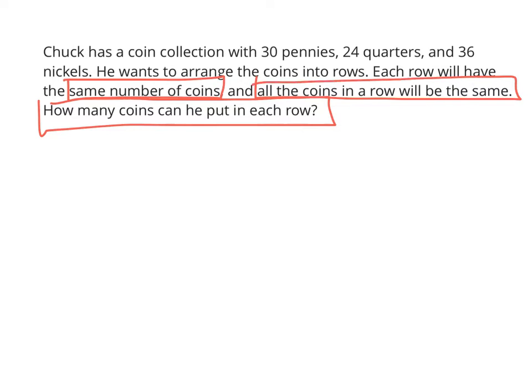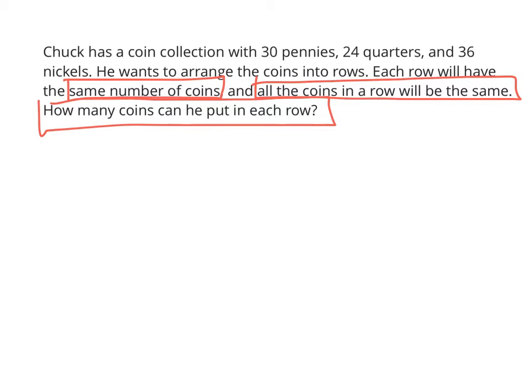So this is important information. And remember, when you are trying to solve a word problem, you have to read it more than once. Sometimes it's going to take 2, 3, and even 4 times in order for you to pull out the important information.